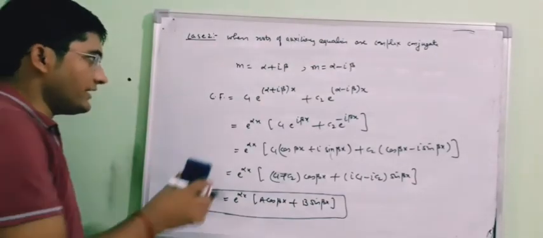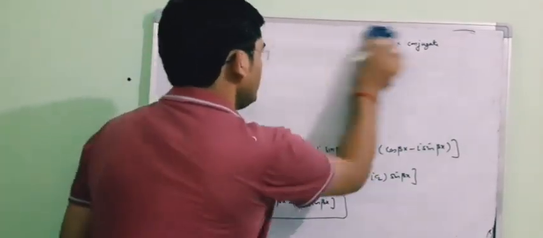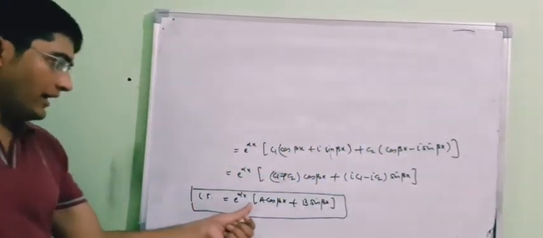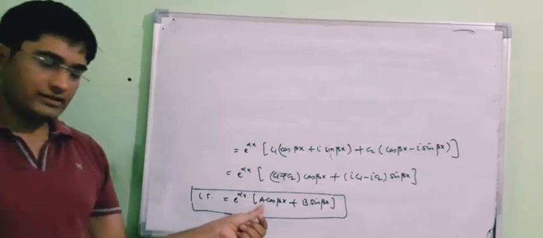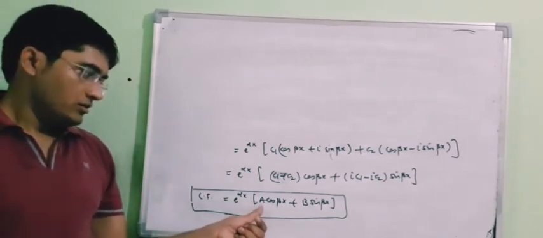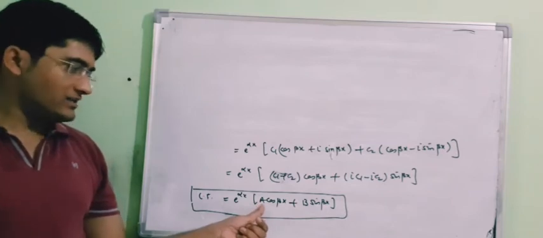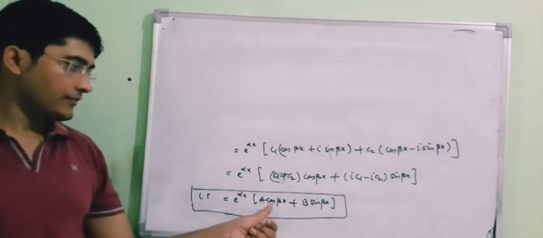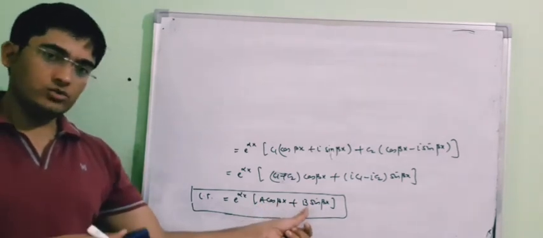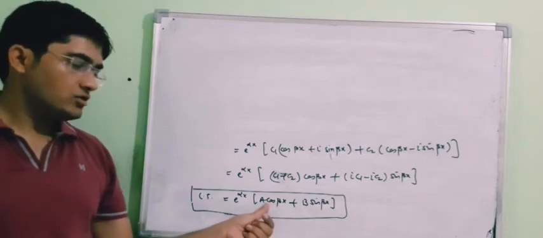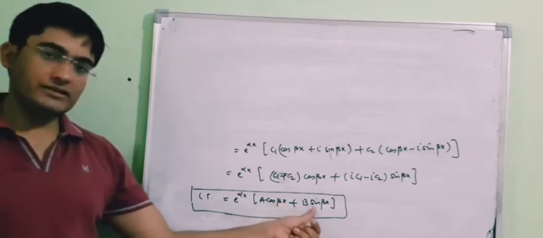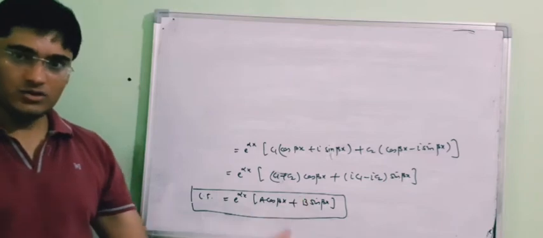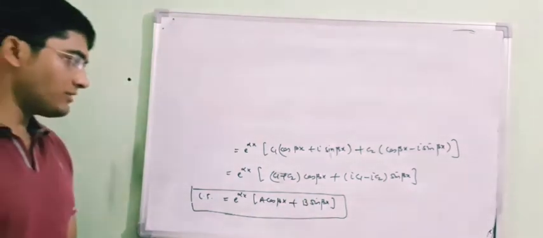Now we can also rewrite it. Suppose we write A as a constant times cos theta and B as a constant times sin theta, then this will be cos a cos b plus sin a sin b, that is cos of a minus b.